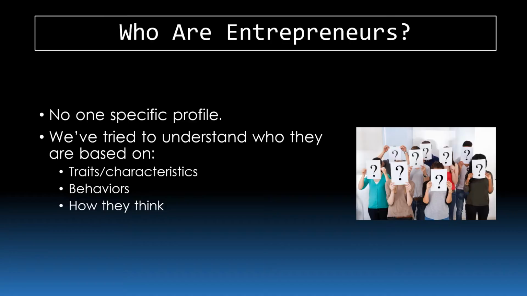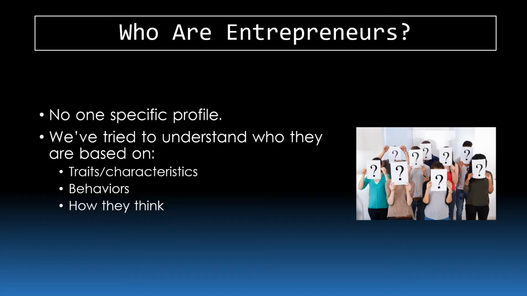And then lastly, how they think. The more recent view of entrepreneurs, and you're going to get some readings related to this, is how do these people think? What are the cognitive processes that make them unique or stand out or different from people that are not entrepreneurs? So as you navigate the readings in this experience, you're going to get a little bit of flavor of all three of those things.